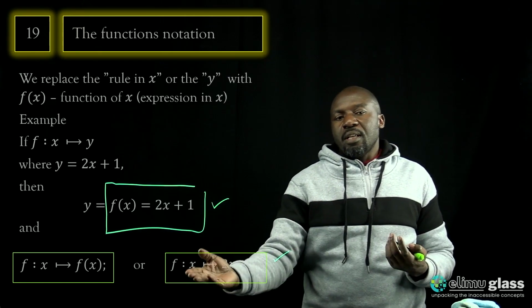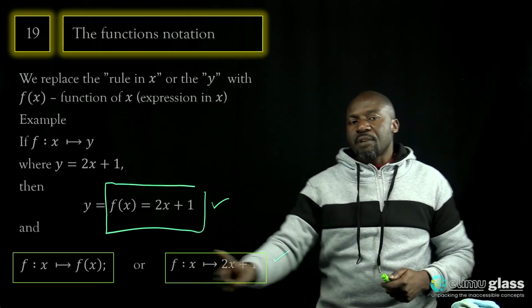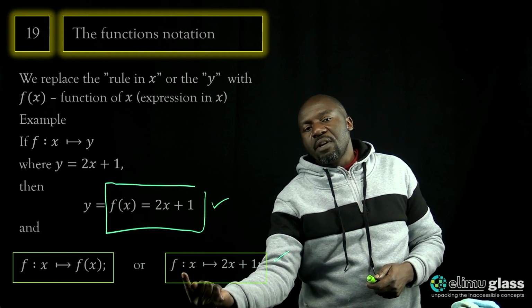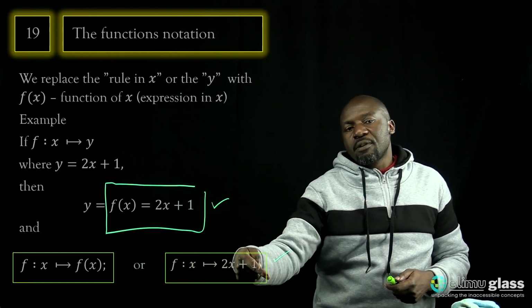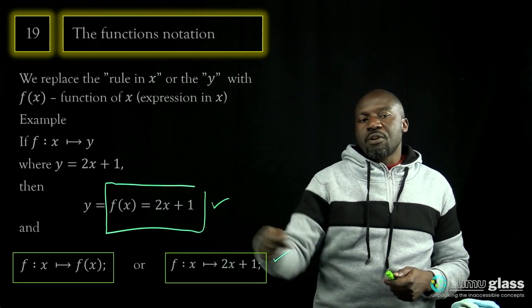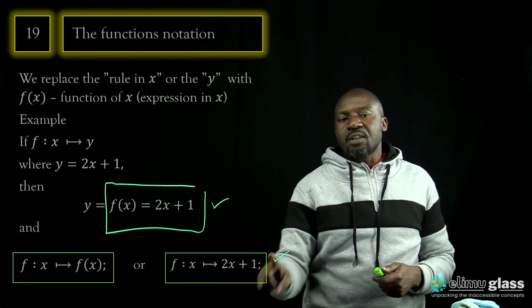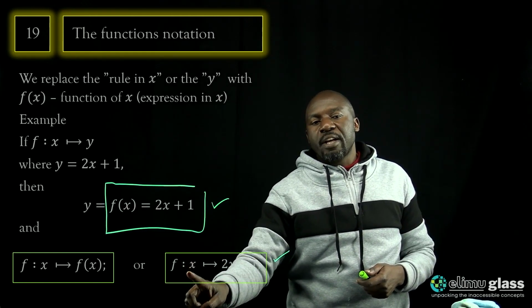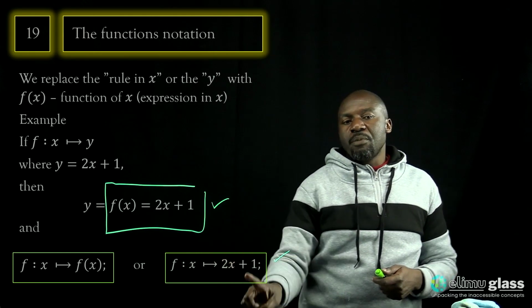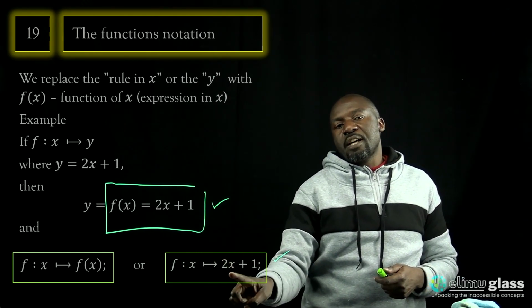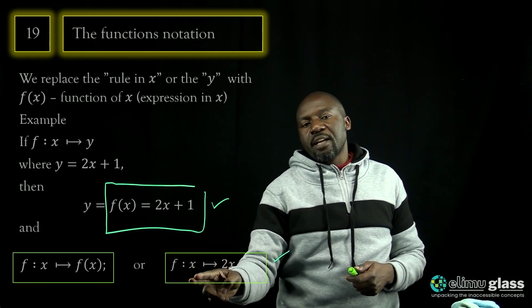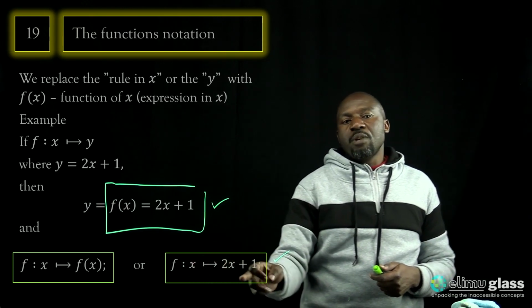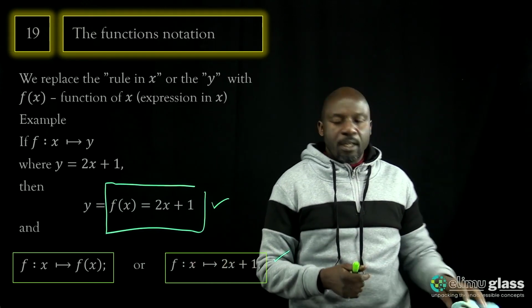But this one is making the statement that a function is such that every x maps onto 2x plus 1. So if I put a value of x of 1, it's going to bring me 3 because x is 1 there. If I put a value of x of 5, it's going to give me 11, right? Like that.